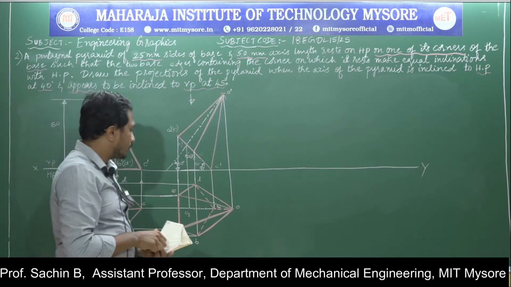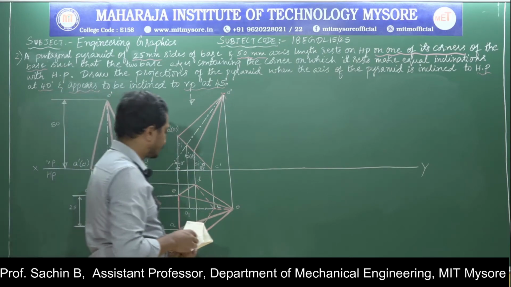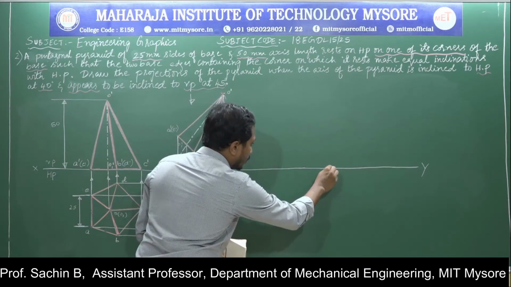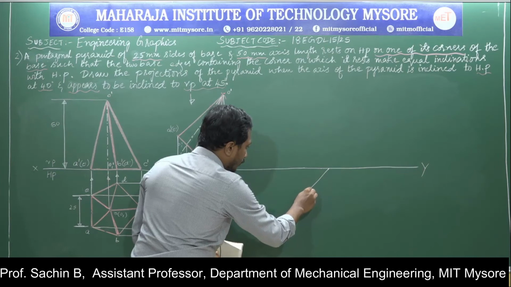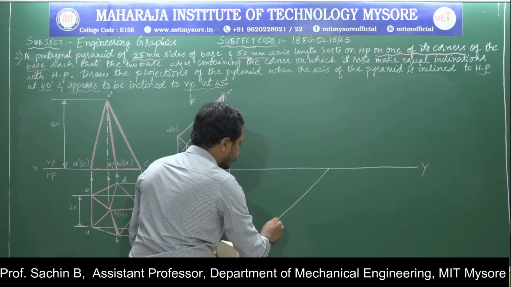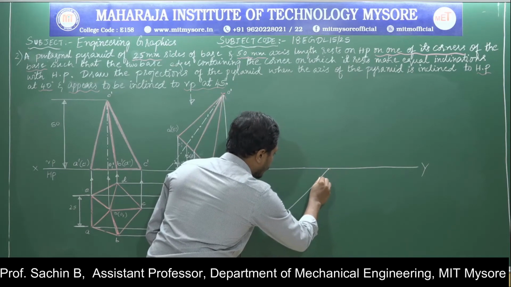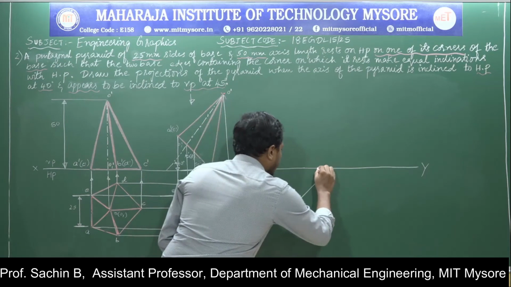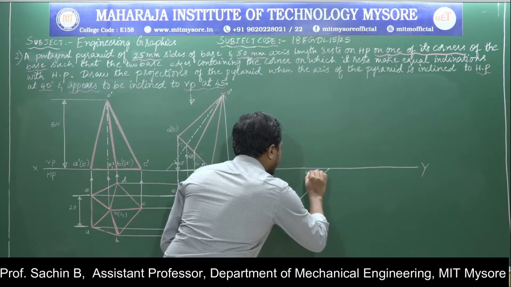For that, I go directly to constructing the object in the last position by drawing the axis that is inclined at an angle of 45 degrees. I will go for drawing the thin line that is inclined at an angle of 45 degrees.